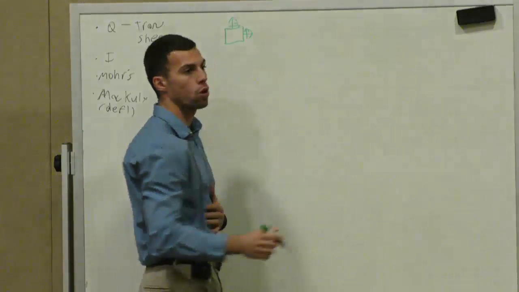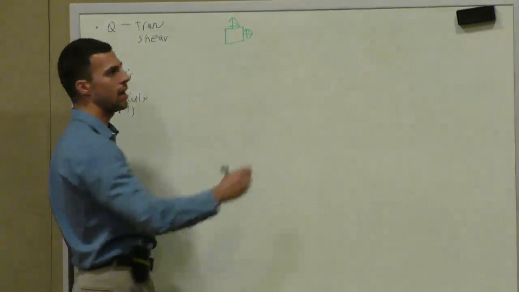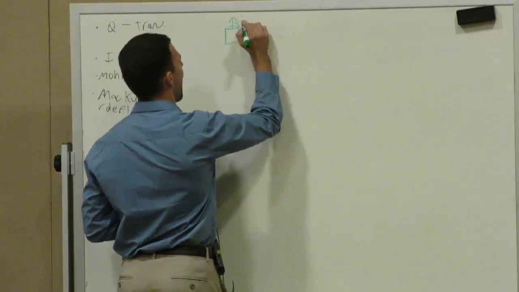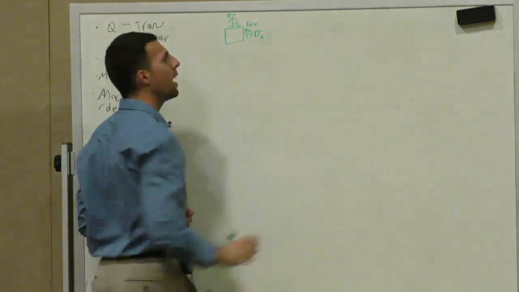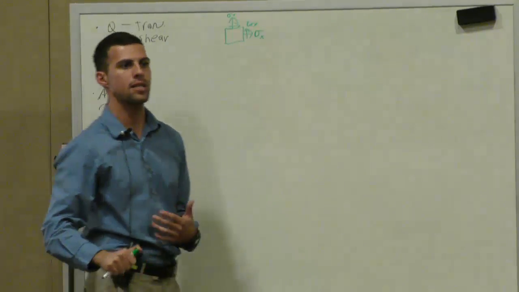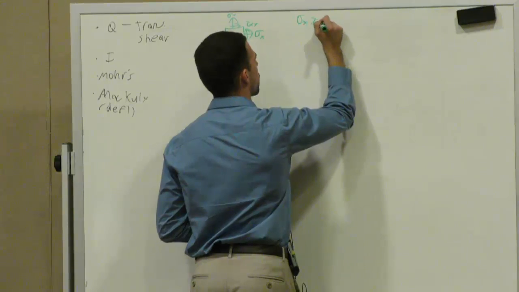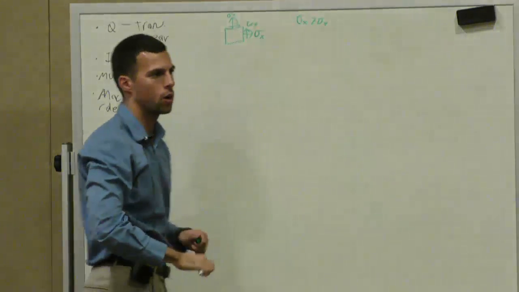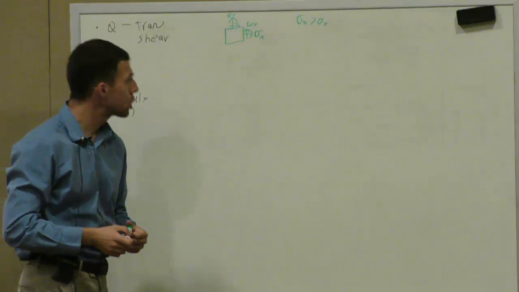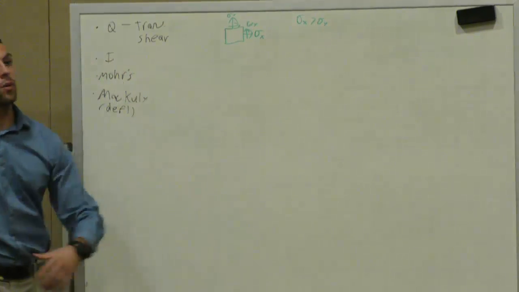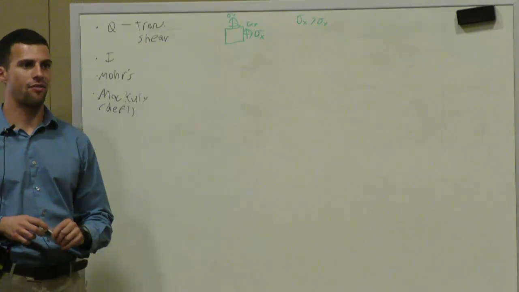So when we do Mohr's circle, let's start with the general case: we have sigma x, sigma y, and tau xy. For this demonstration, let's assume sigma x is greater than sigma y. When we graph anything, what is the first thing we need?